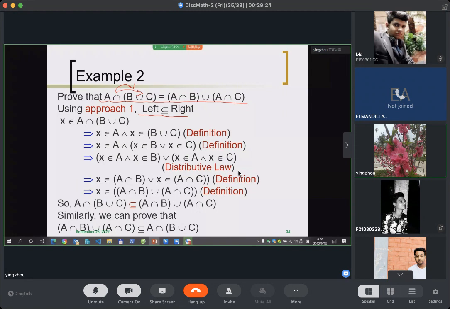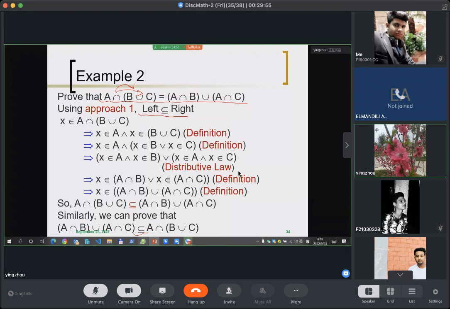We want to show whether left is equal to right. Then we can first show whether left belongs to or is a subset of the right. And then similarly, we can show this right belongs to or is a subset of the left. So altogether, since each is a subset of the other, we can say they are equal.